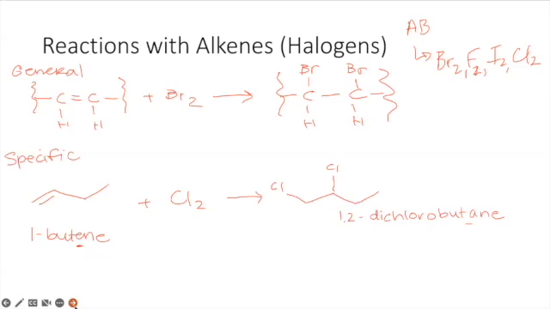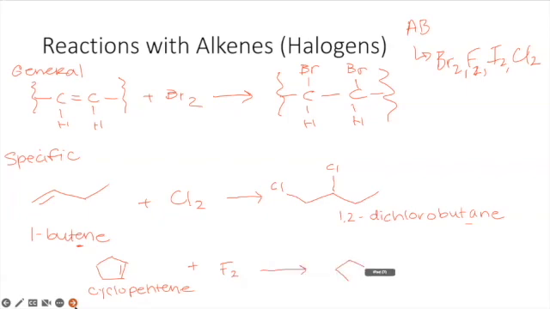Let's do another example, but this time with a ring. So let's say we had cyclopentene. And let's just say for this time, we're going to use fluorine.